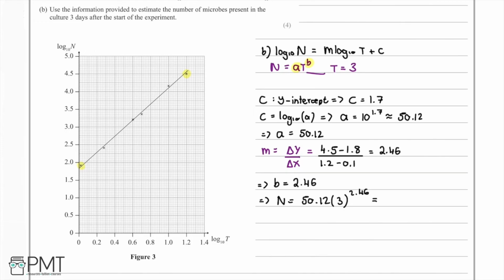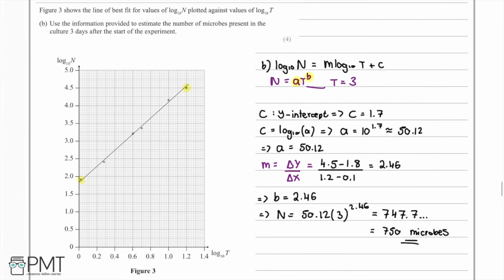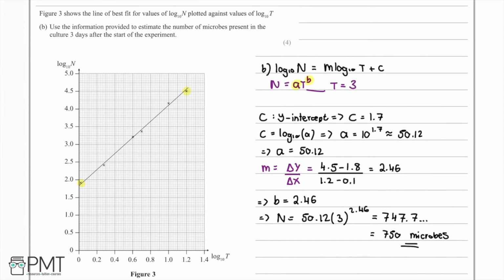And putting this into our calculator, this comes out as 747.7. And then rounding this to three significant figures, we have 750 microbes. So therefore, we can conclude that after 3 days, there will be around 750 microbes present in the culture.